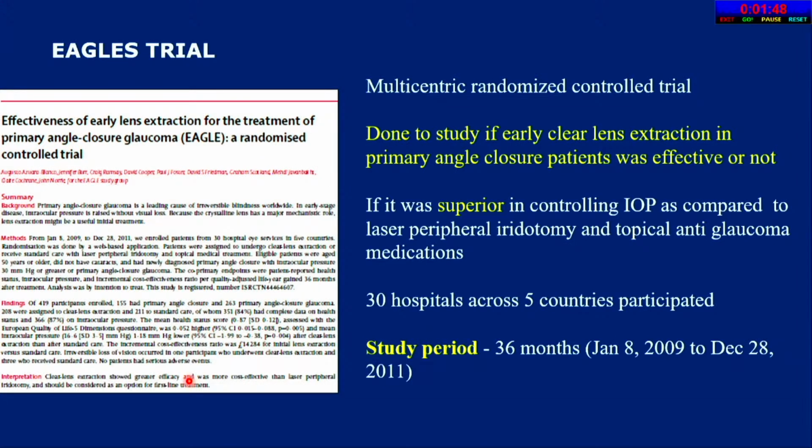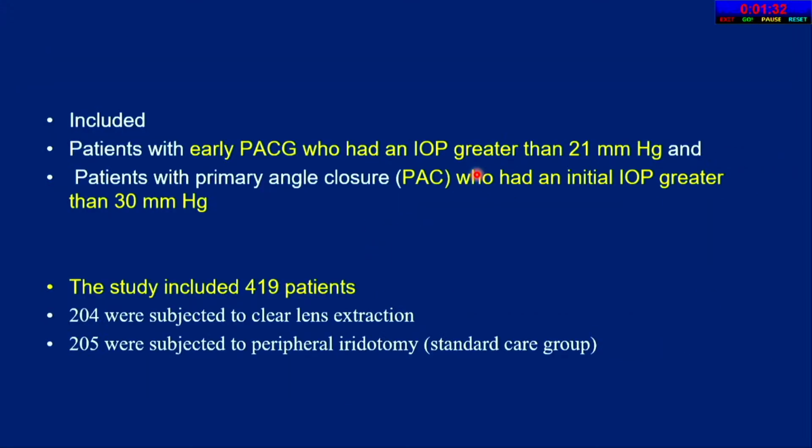So again, this EAGLE trial was basically done to see whether clear lens extraction was effective in patients with primary angle closure or early primary angle closure glaucoma, or whether it was superior to YAG PI.